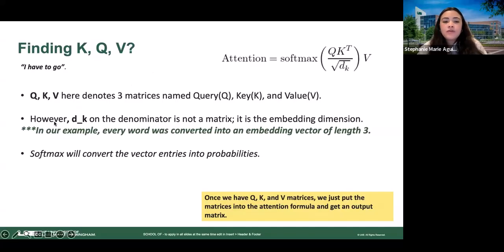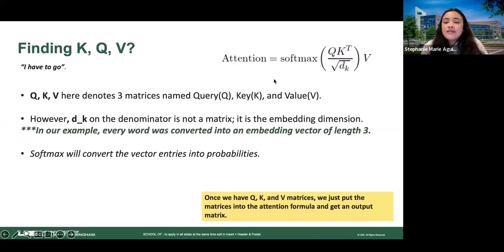You derive these query, key, and value matrices in order to get this attention matrix, to really know what the next word is going to be, or really what that next image patch will be also. Does that make sense? Nod yes?